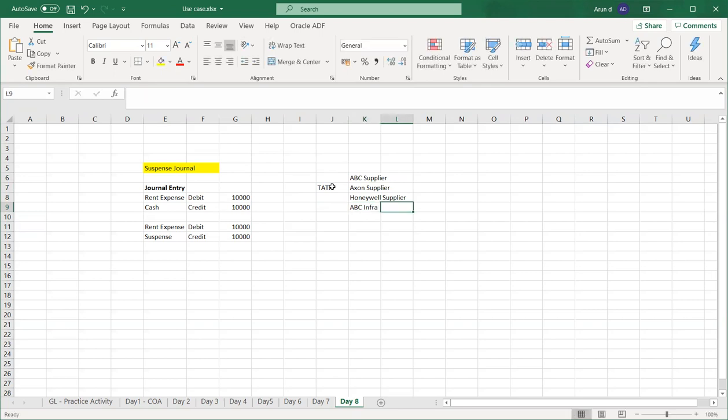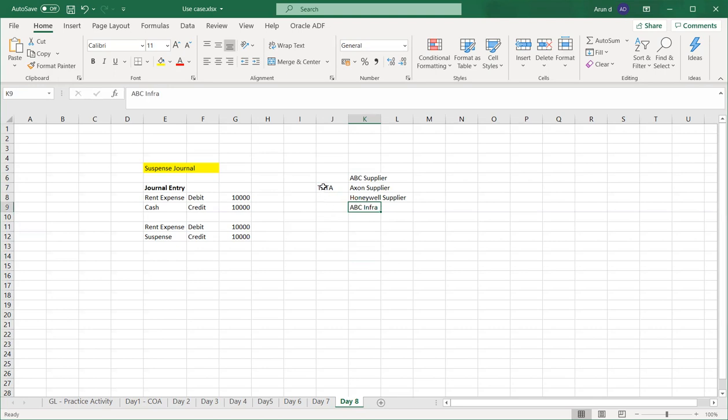In this case, let's take an example that Tata is the company where Tata has implemented the Fusion application. Tata has four vendors, and Tata has taken a building for rental, monthly $10,000.